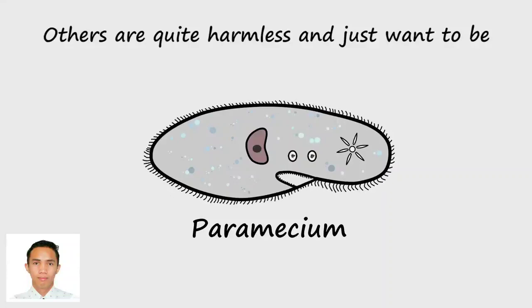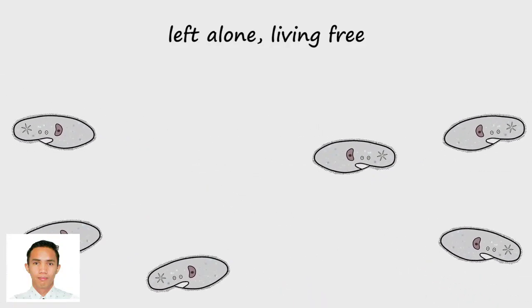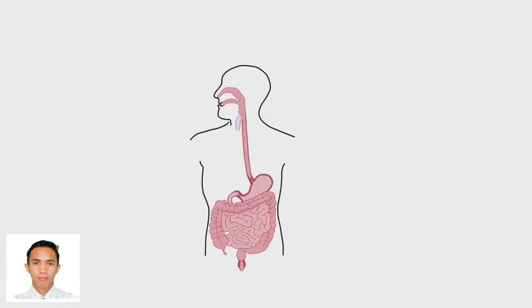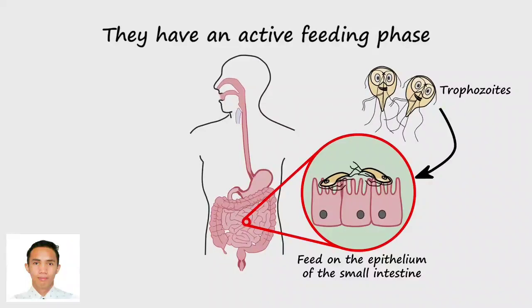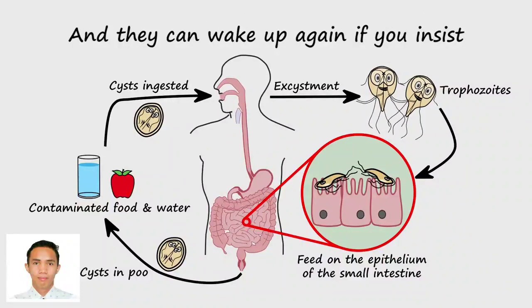Others are quite harmless and just want to be left alone, living free. They have an active feeding phase, but they can desist, becoming inactive for a while as a dormant cyst. And they can wake up again if you insist.